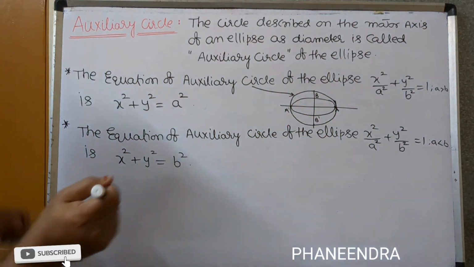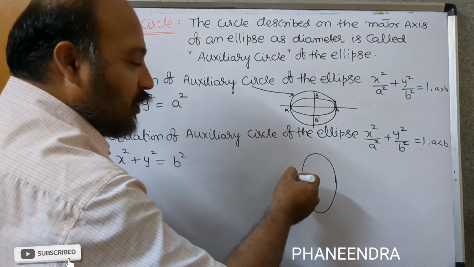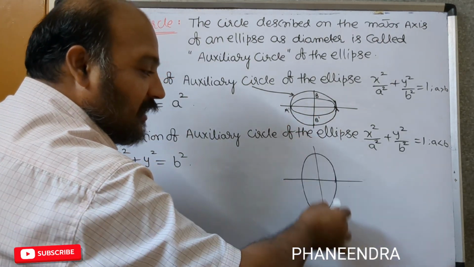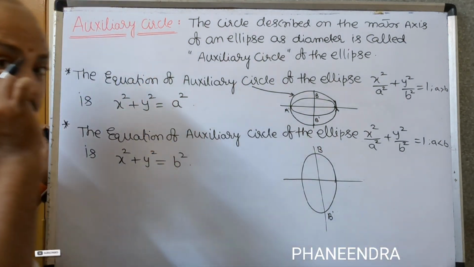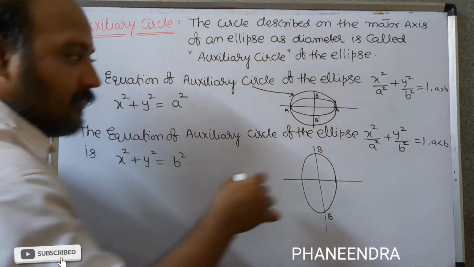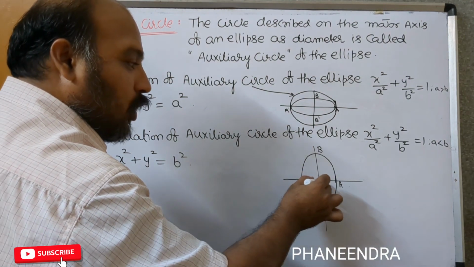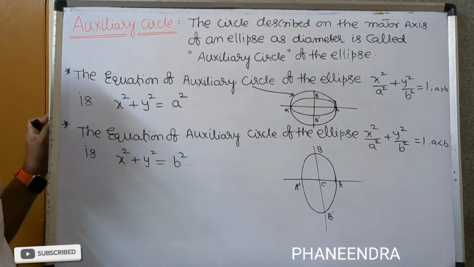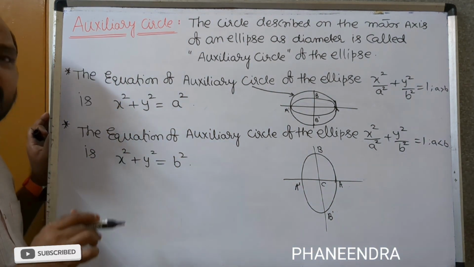Suppose the ellipse is in this form, x square by a square plus y square by b square equal to 1, when a is less than b. Then b dash is the major axis of this ellipse and a dash is the minor axis. As you know the definition of the auxiliary circle, it is the circle described on the major axis of the ellipse.